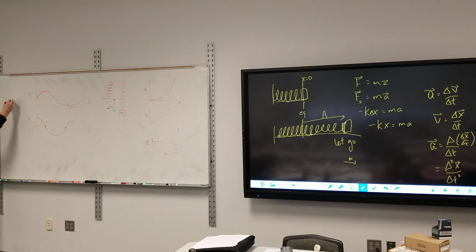So if this is a sine function, x is sine of t, what is that graph of? Cosine.